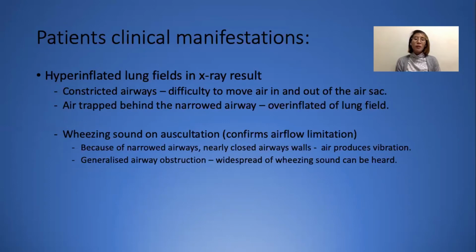In relation to narrowed airways, wheezing sounds during auscultation are also one of Mr. Smith's clinical manifestations. Wheezing sounds confirm that there is an airflow limitation caused by constricted airways, as air produces vibration of nearly closed airway walls.